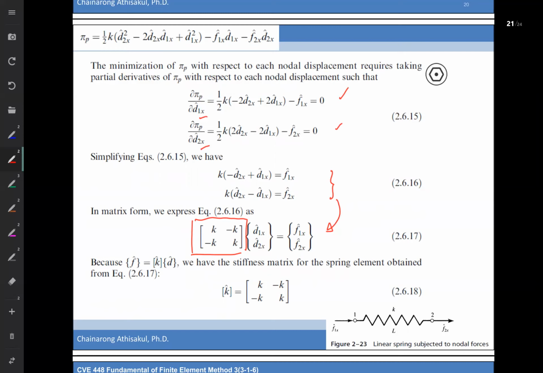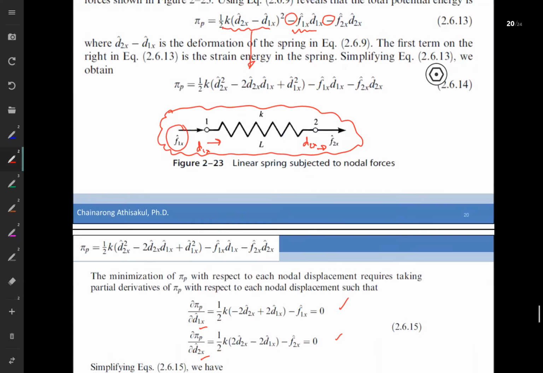Okay, so according to this, you will see that the principle of minimum potential energy, or principle of stationary potential energy, is an energy method, and we obtain the same element stiffness. But you see that the procedure is straightforward.